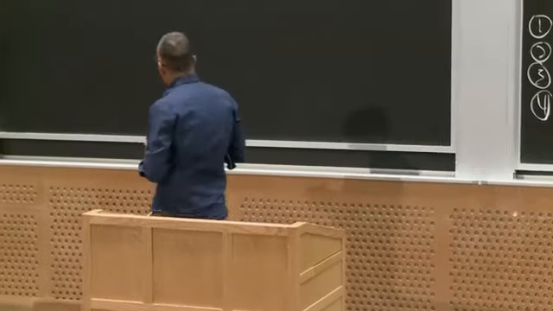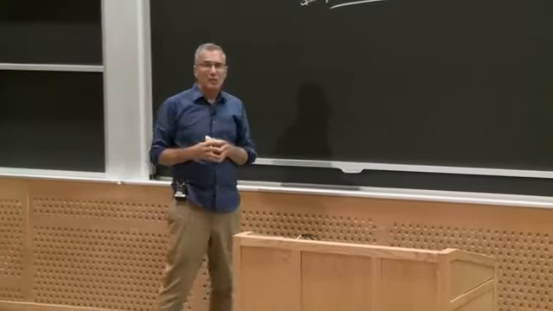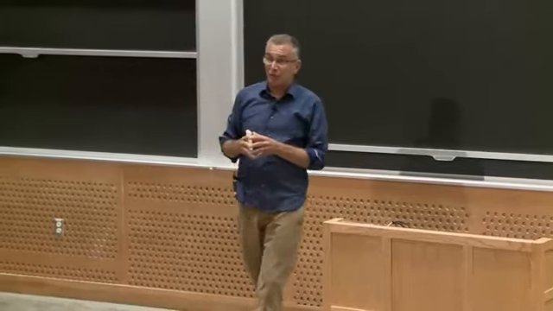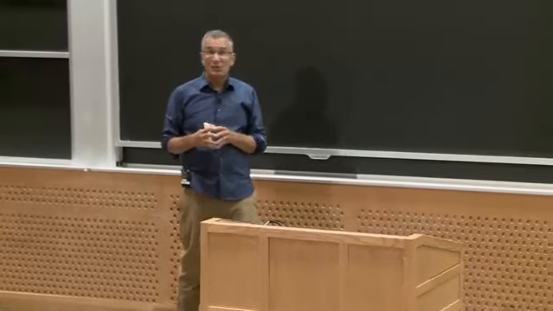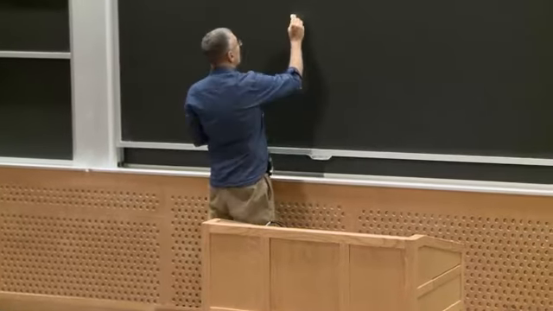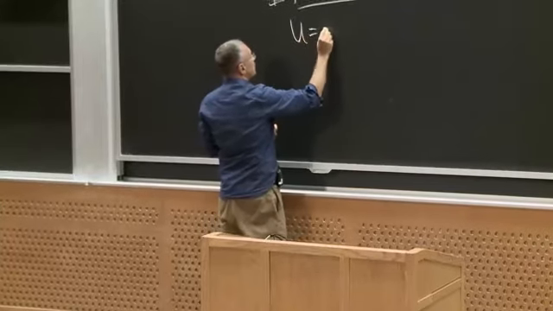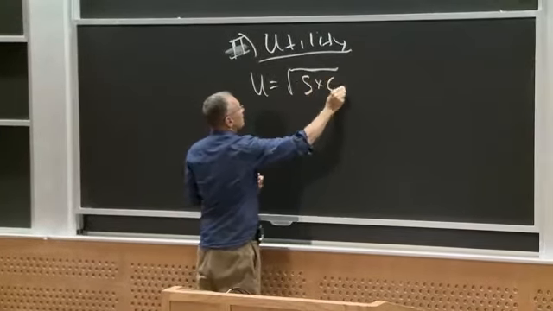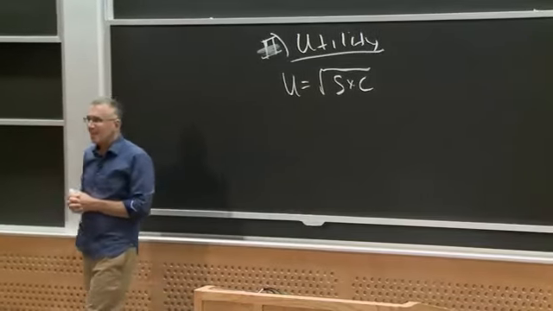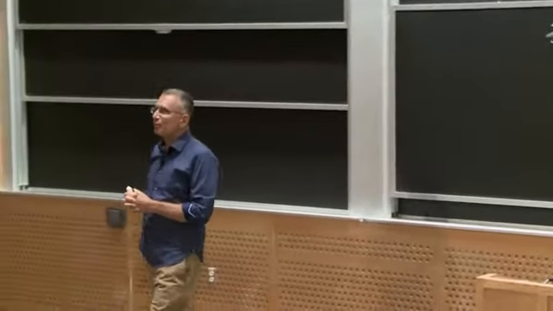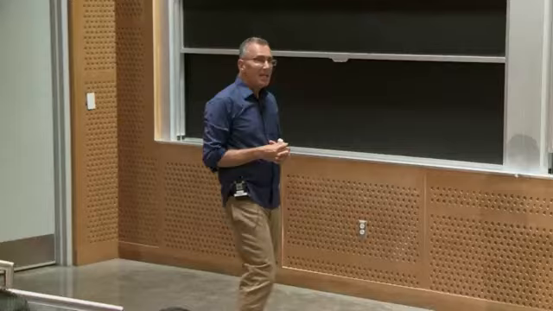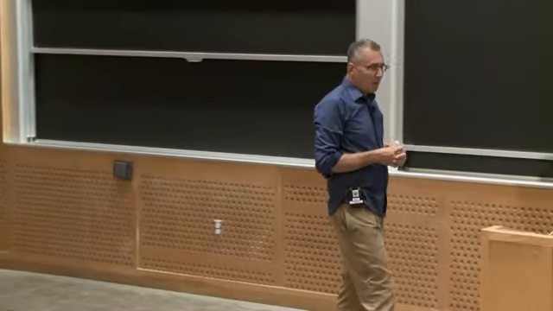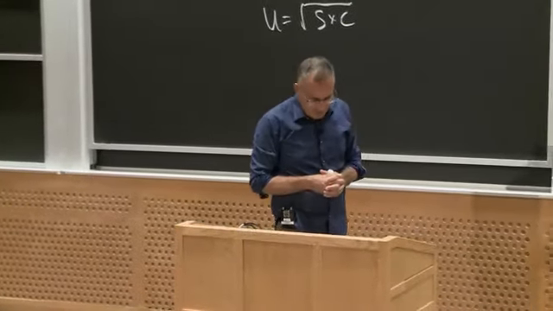So for example, a common form of utility function we'll use a lot this semester is the log utility function, which we express in the form utility is the square root, in this case, of pizza slices times the number of cookies. That is a mathematical representation of preferences. It says my utility is the square root of the number of slices of pizza times the number of cookies.